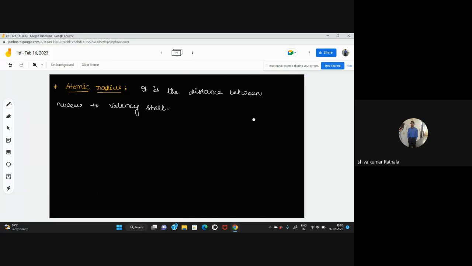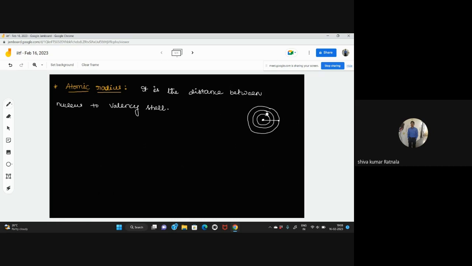For example, this is a nucleus which I am indicating with the dot, and from here to here the valence distance is there, no?